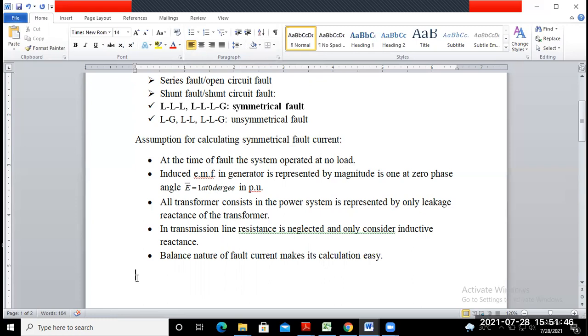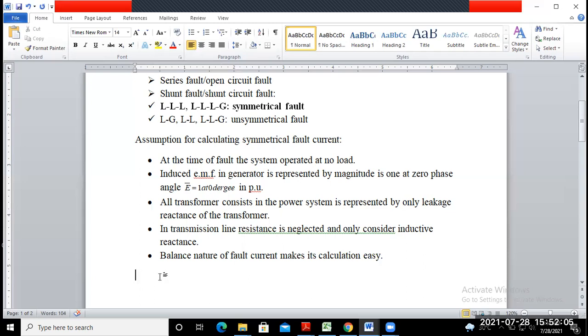Okay, this symmetrical fault current. So just to discuss before the calculation of symmetrical current, what steps we take when we are going to find the three-phase symmetrical fault current calculation. Okay.